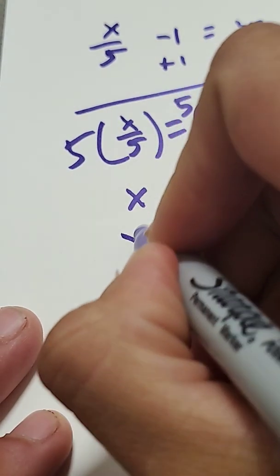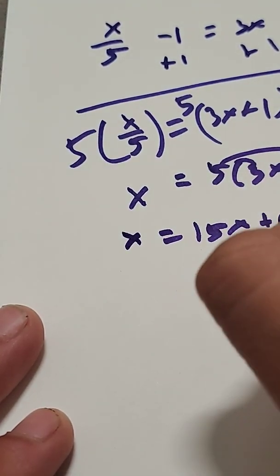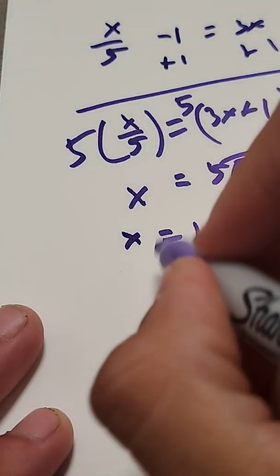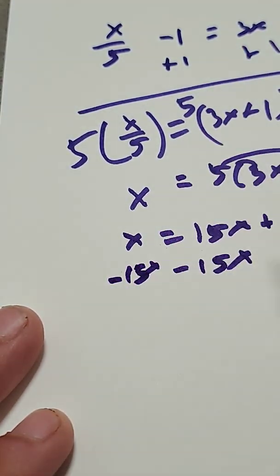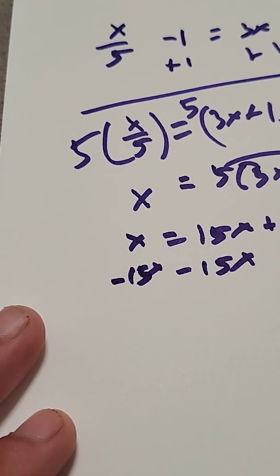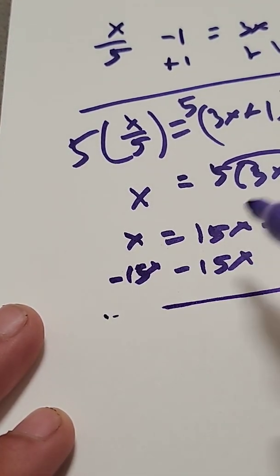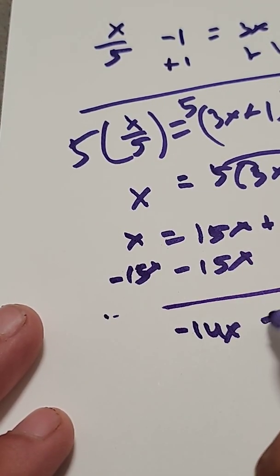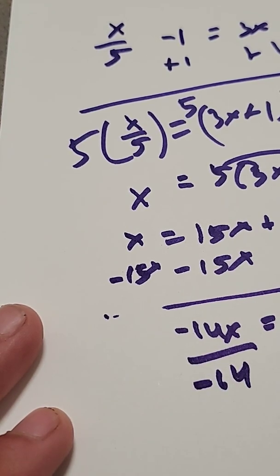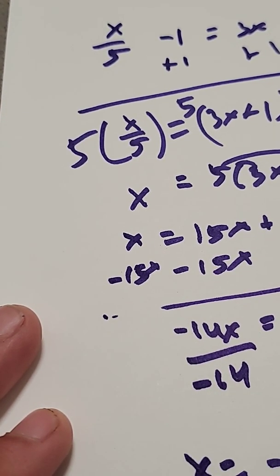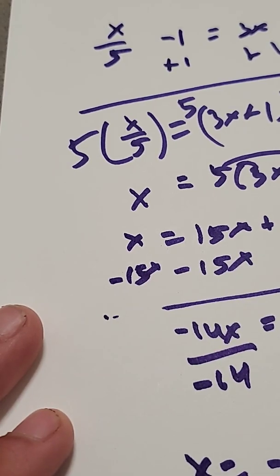So we have x is equal to 15x plus 5. Isolate the x variable by moving 15x to the other side. So we get negative 14x is equal to 5. Divide by negative 14 on both sides. x is equal to negative 5 over 14.